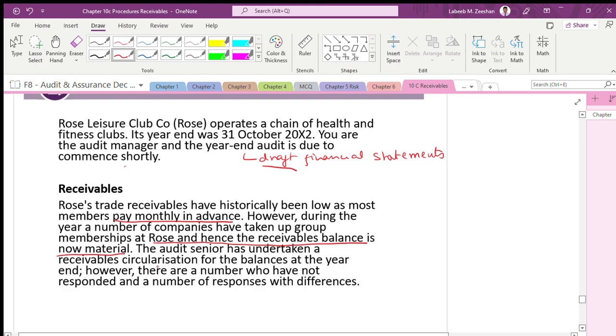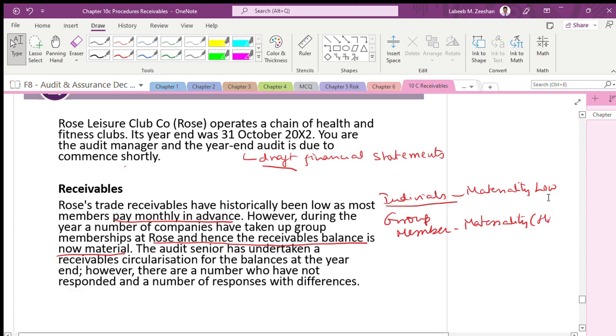For individuals the materiality will be low. If there is group membership, the materiality will be high. Definitely you will get a huge amount at once.